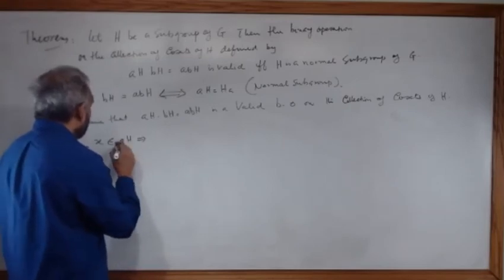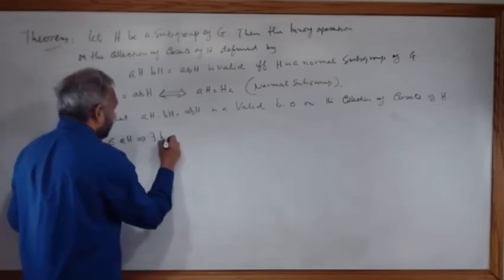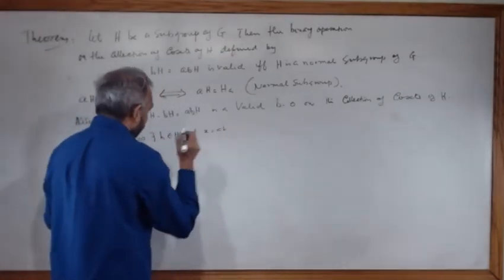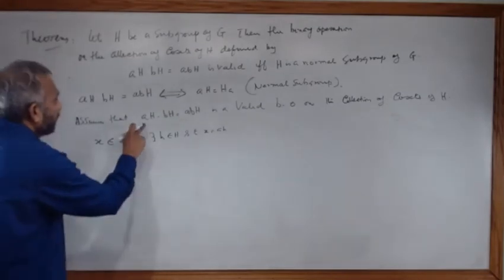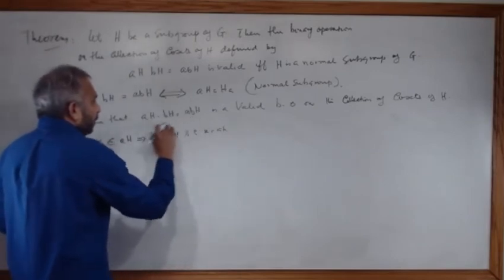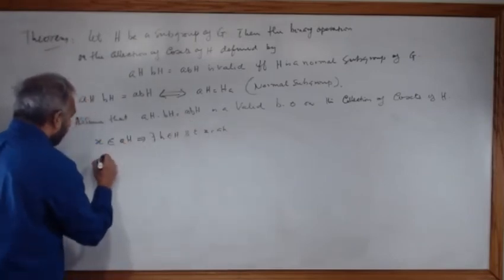So what does this mean? This means there exists an h in H such that X is equal to Ah. Now let us assume that this is a valid binary operation. So what does that mean?